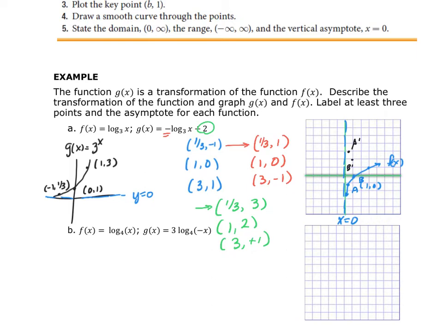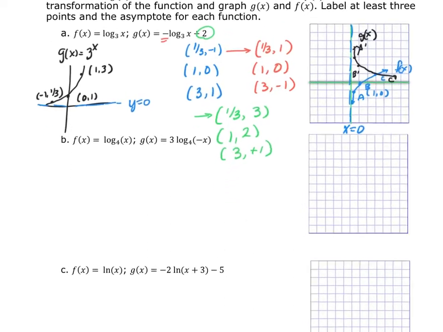And then my point which was 3, 1, which I'm going to call C, has gone to 3, 1. So C prime and C are in the same place. And so this is what my transformed graph is going to look like. This is g of x.